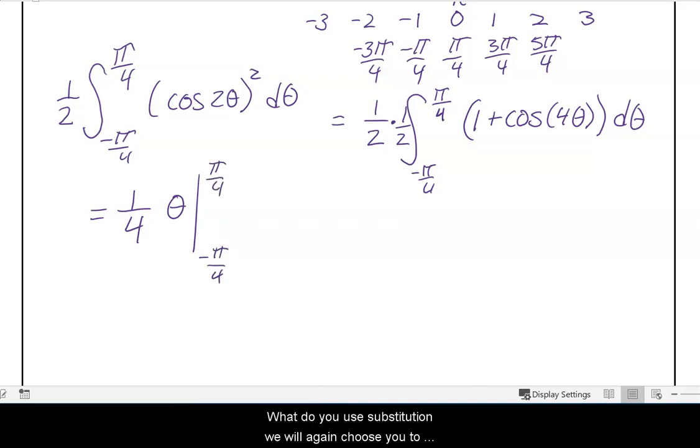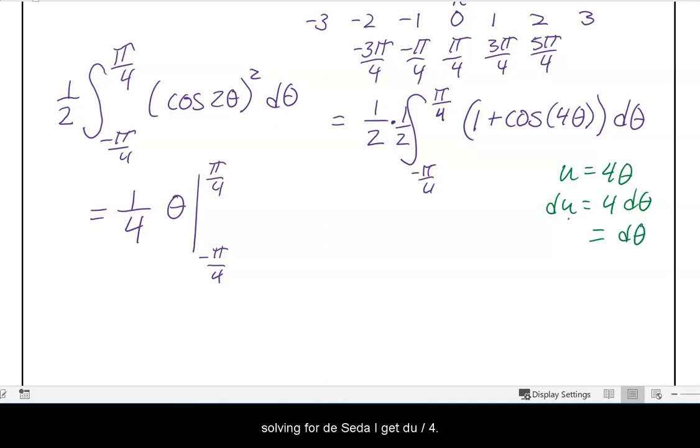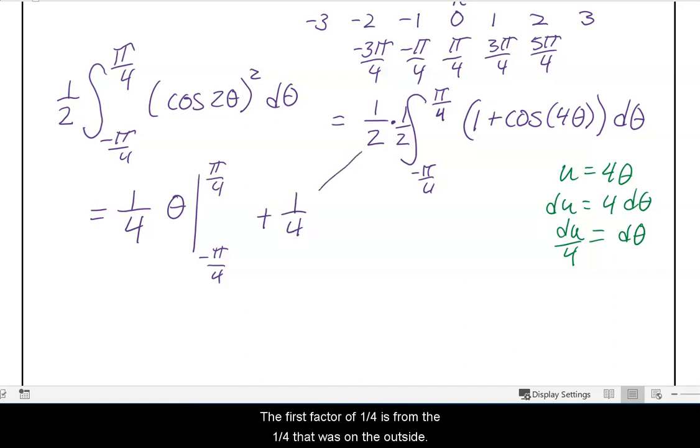For the u substitution, we will again choose u to be the argument to cosine, here 4 theta. Du becomes 4 d theta, but I don't have a 4, so by solving for d theta, I get du divided by 4. This will give me another factor of 4 on the outside. The first factor of 1/4 is from the 1/4 that was on the outside.